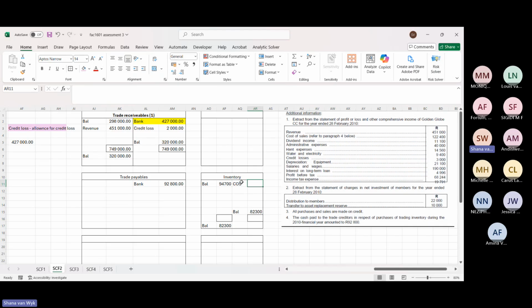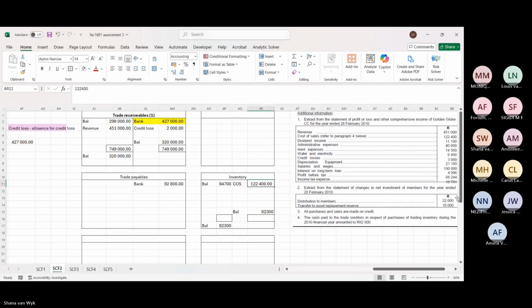No, it's out. The cost of sales is out, so it needs to be on the credit side. So now 122,400. But what did they say in paragraph 4? Okay, it's just paid out.